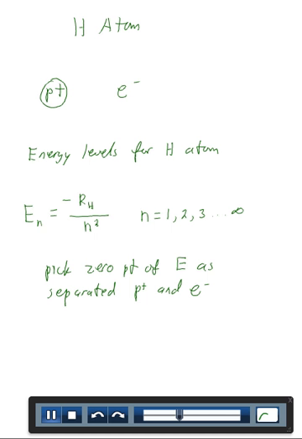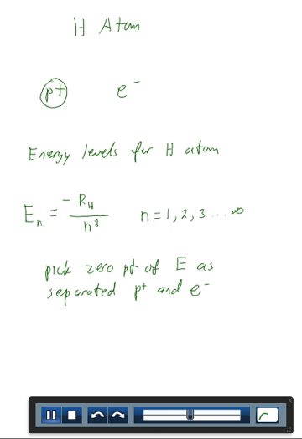At infinite separation, the attraction between those two particles goes to zero, so there's no attraction. If we let the proton and electron come together, they attract each other because they are oppositely charged particles. Opposite charges attract. We signify that attraction as being less than zero for the energy, and that's why we have the negative sign, just to where we picked our zero point.